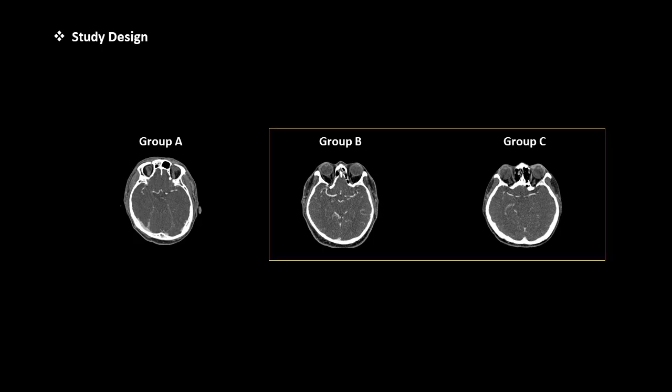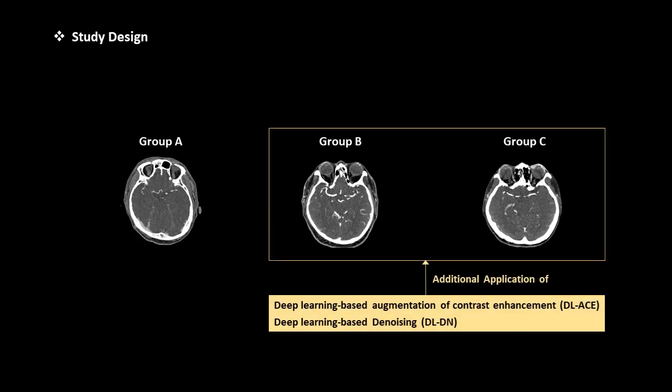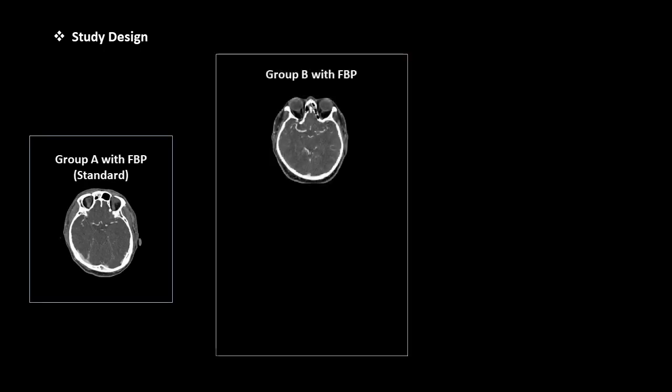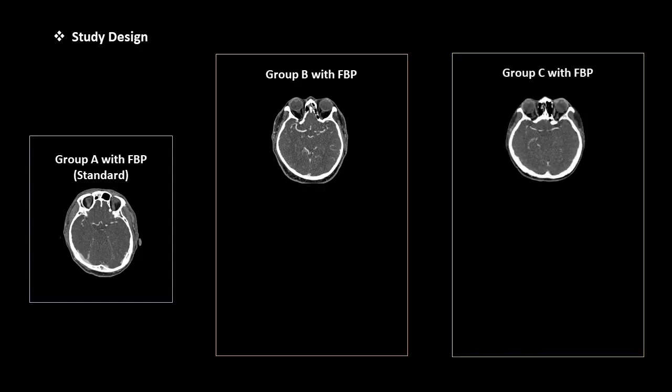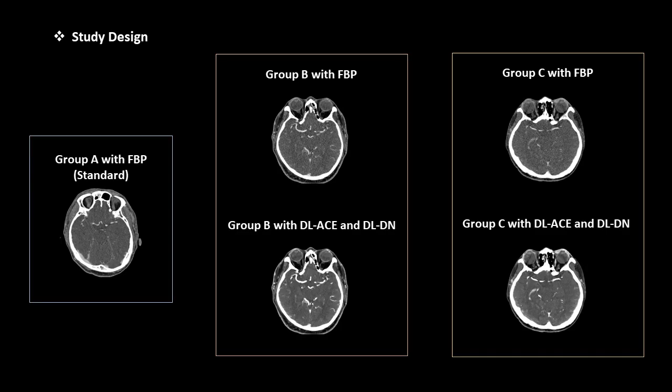For Group B and C, we applied DLACE and DLDN algorithms to see if we could maintain or improve image quality despite the reduced input. So finally, we defined 5 distinct groups: standard Group A with filtered back projection, and Group B and C processed with either FBP or deep learning algorithms. We analyzed image qualities across these 5 groups.